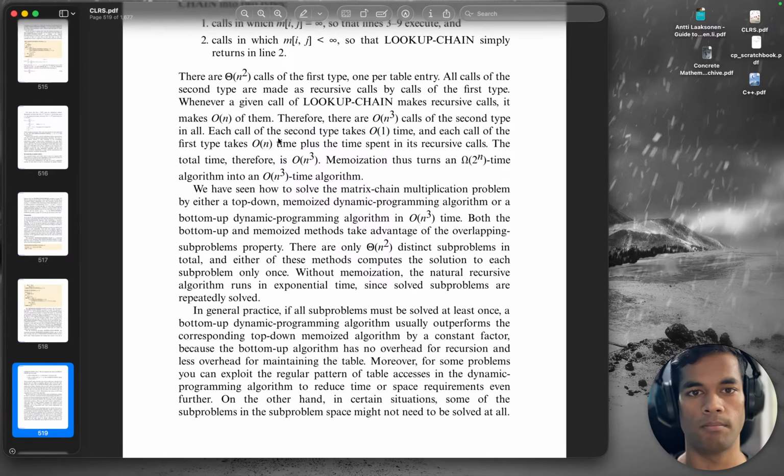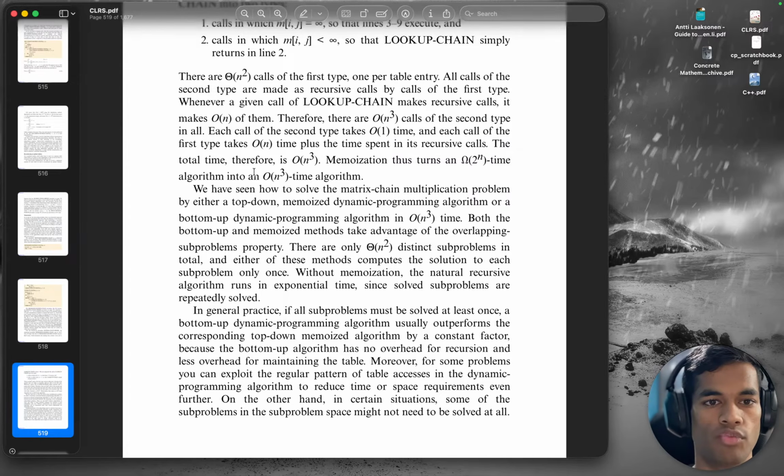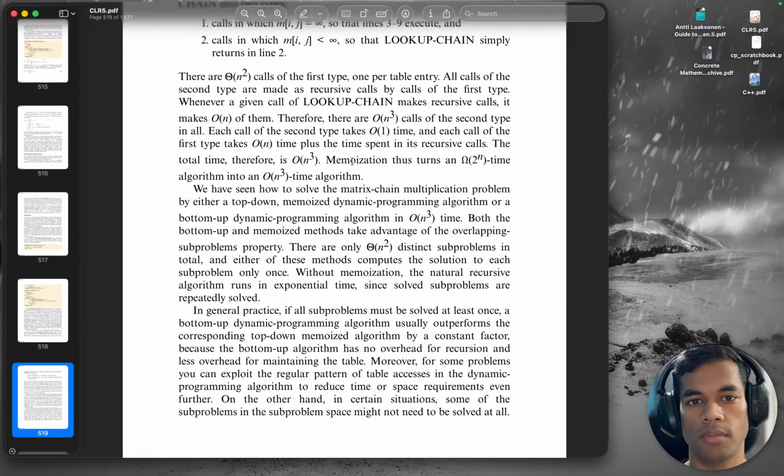Therefore, there are n cube calls of the second type in all. Each call of the second type takes constant time, and each call of the first type takes n time plus the time spent in the recursive call, which is a higher overhead than what we would get in a bottom-up approach. The total time therefore is n cube. Yes, that I can agree with.